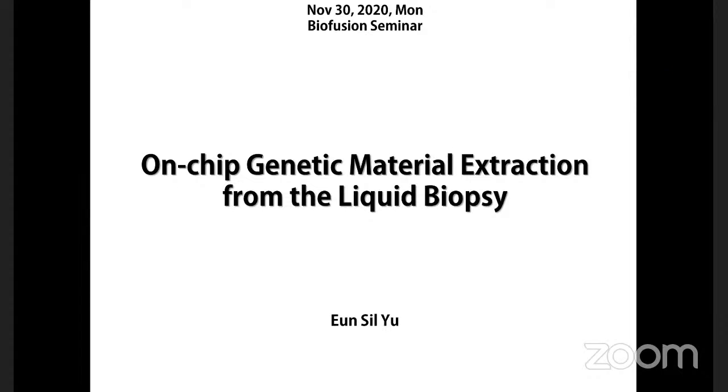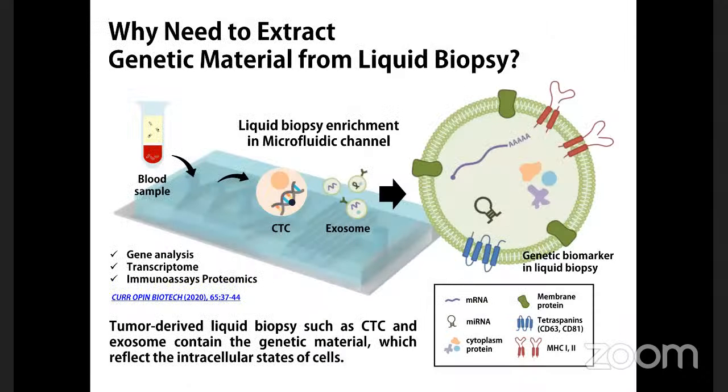Hi, I'm the second panelist. I'm going to discuss on-chip genetic material extraction from the liquid biopsy. For cancer diagnosis, liquid biopsy in blood was conducted using microfluidic channel-based size separation or surface immunoaffinity method. But it is difficult to infer the exact type or state of cancer using only size or surface information.